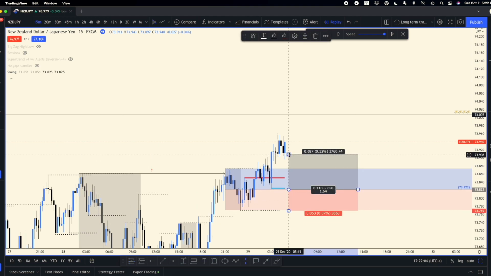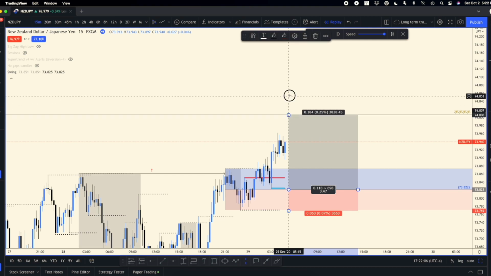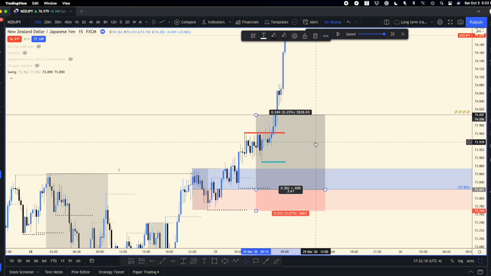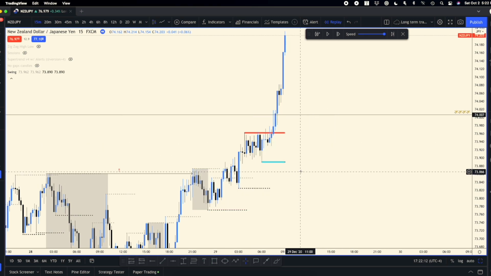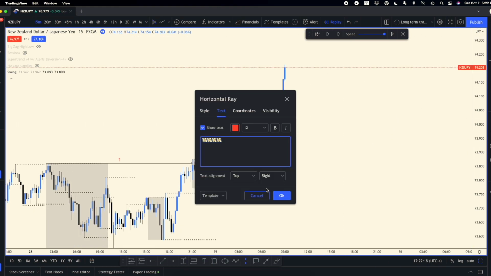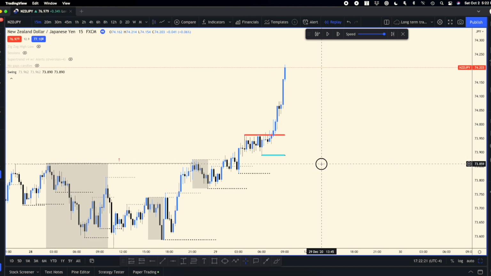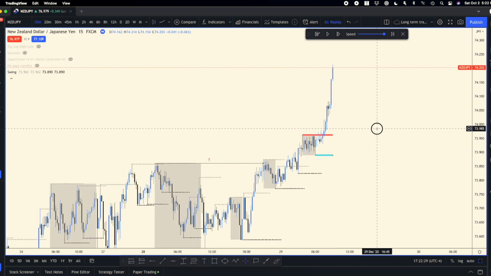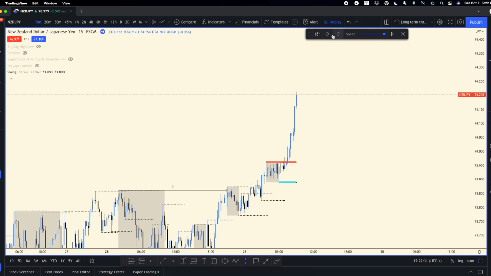Put it here. I'm still aiming higher side liquidity. Blew straight through it. So it did hit and take out the liquidity, so that was good. Just blew straight through it. So MB, see what happens.